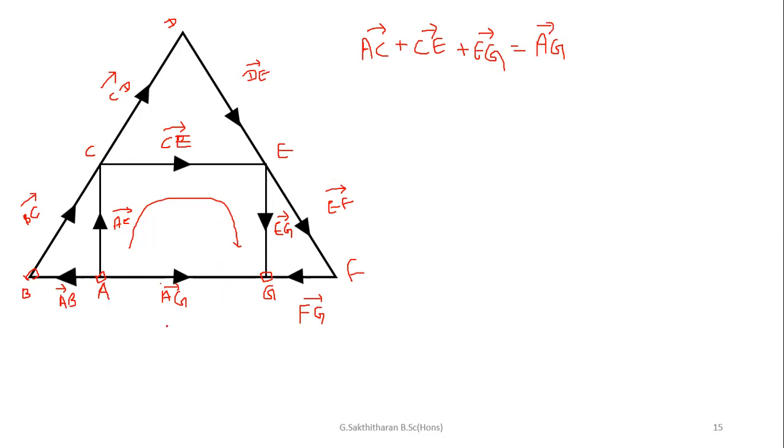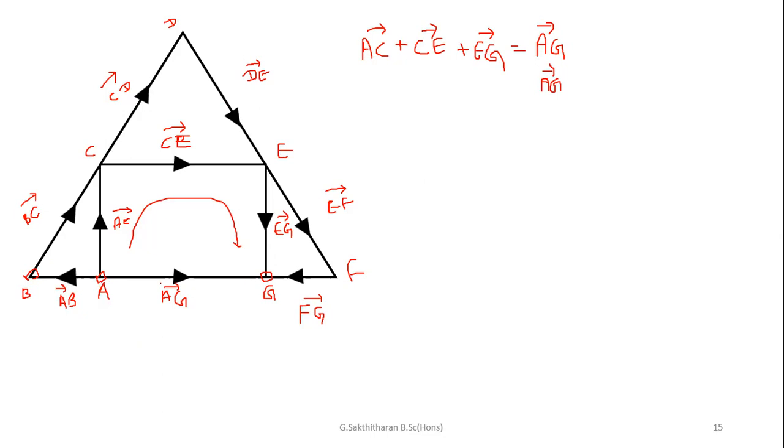And there is also already one vector AG here. So now we can simplify the other vectors from A to G.